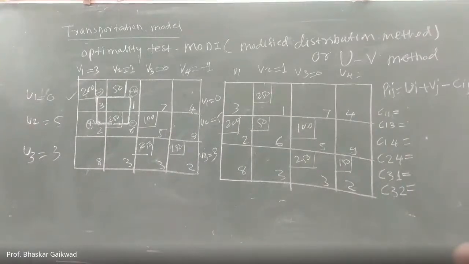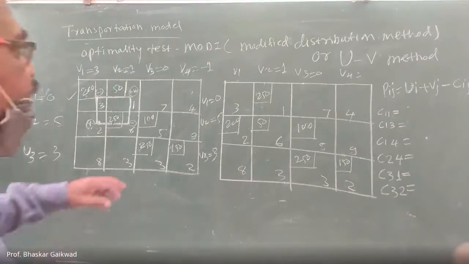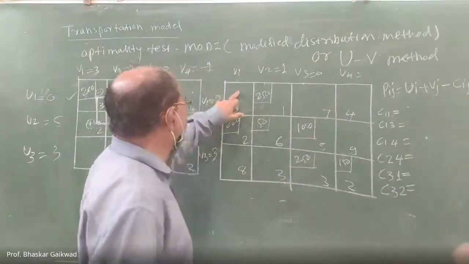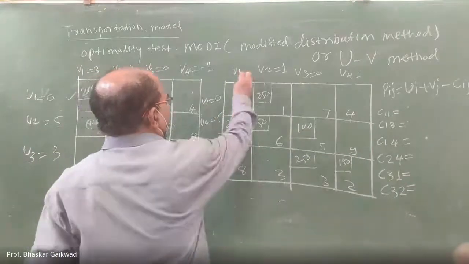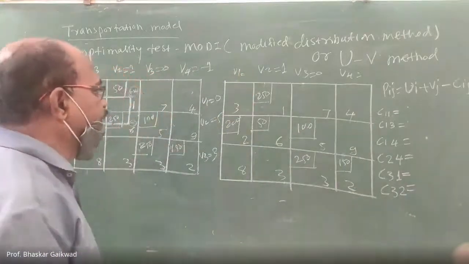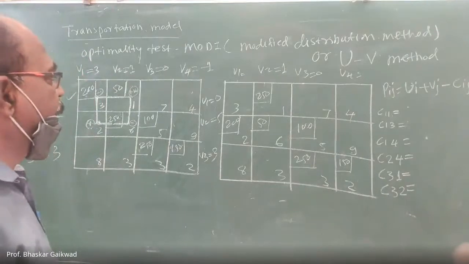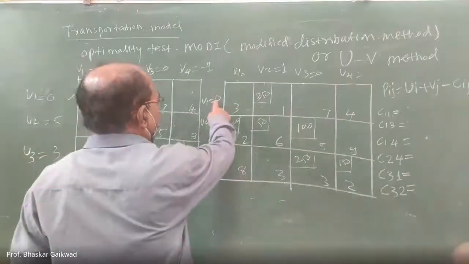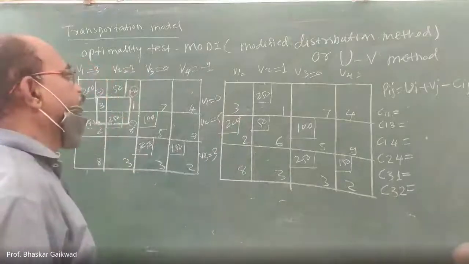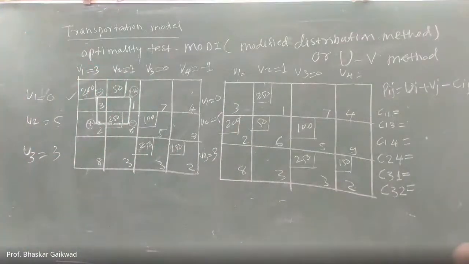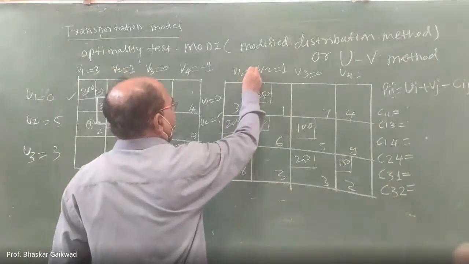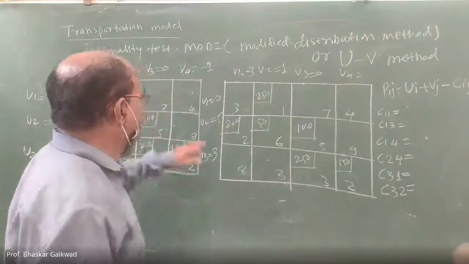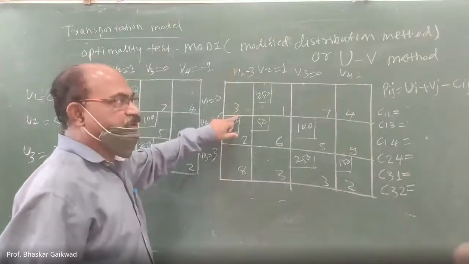Okay. So for the first value, this one is 0. Now how to calculate V1? V1 is remaining. How to calculate V1? U0 plus V1 minus 3. This should be minus, because this plus this is equal to this.